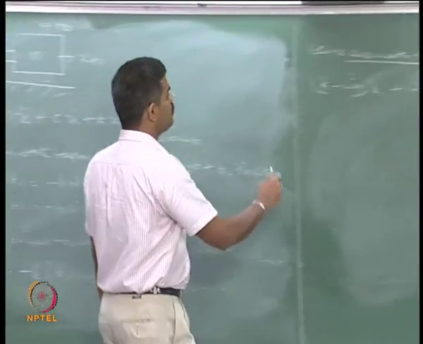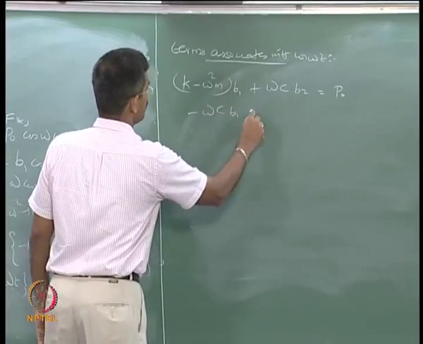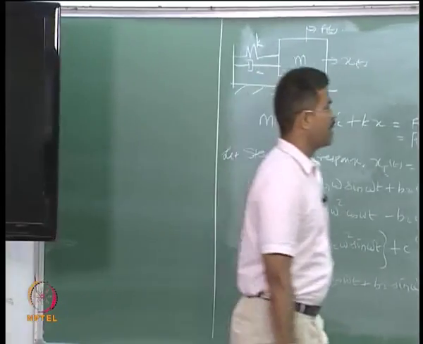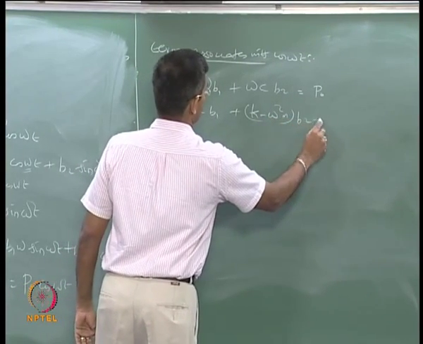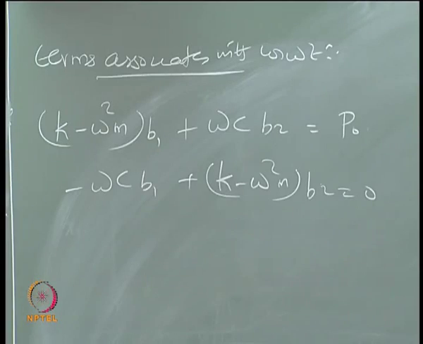And for the sin terms, minus omega c of B1 plus K minus omega square m of B2 is 0. Is that okay?